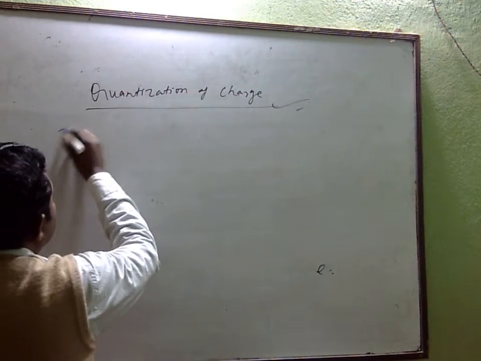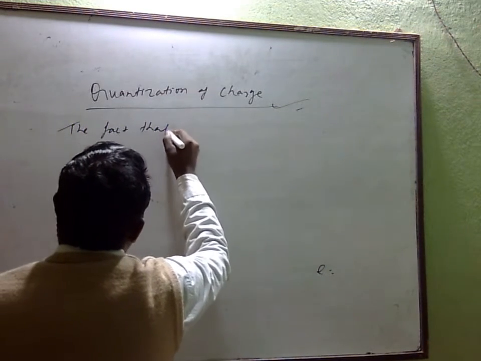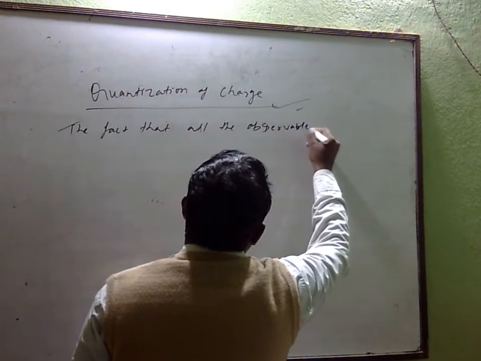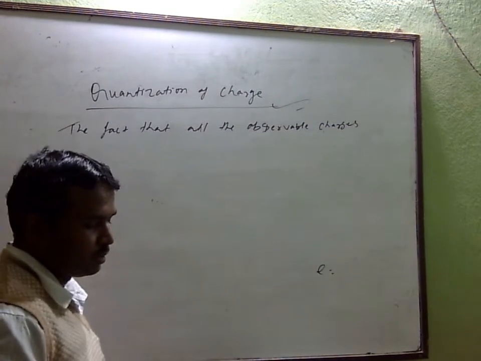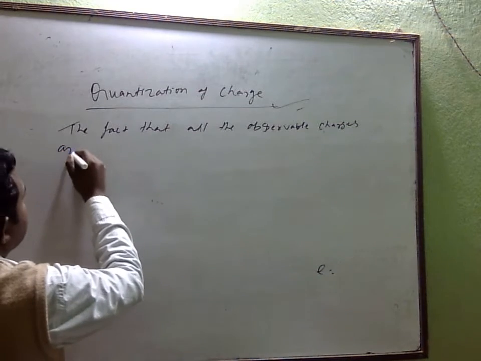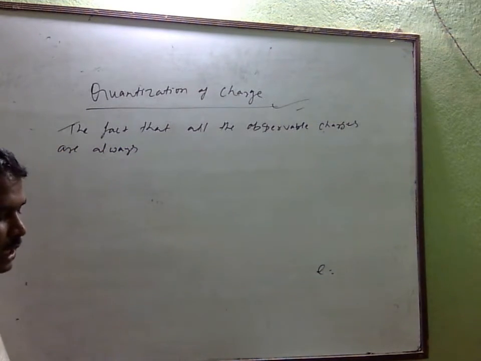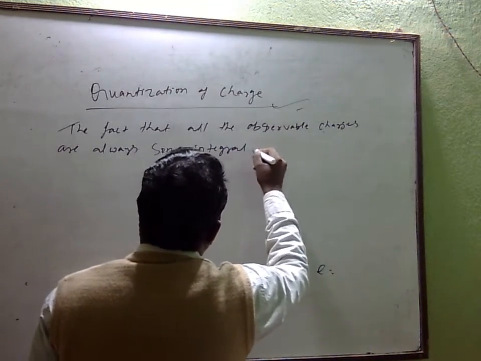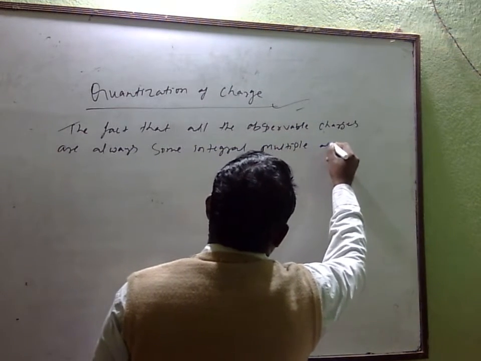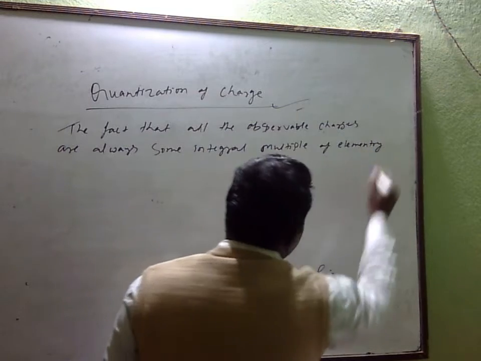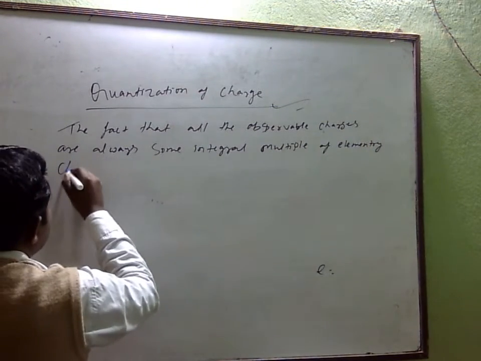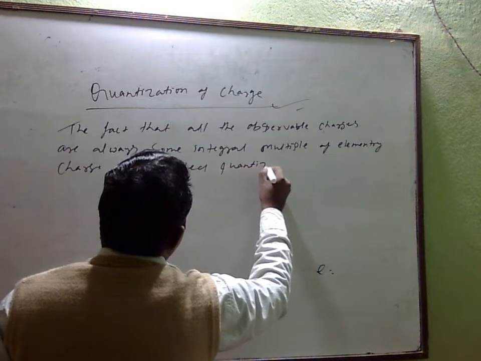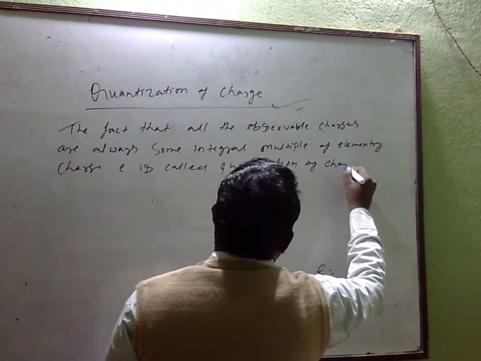The fact that all the observable charges are always some integral multiple of the elementary charge e is called quantization of charge.